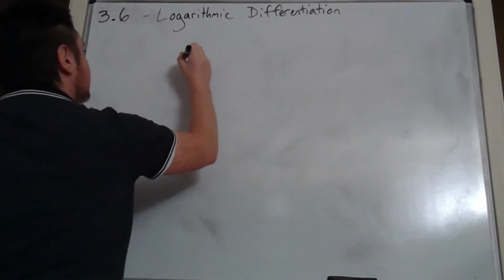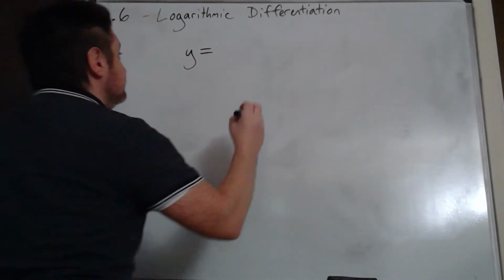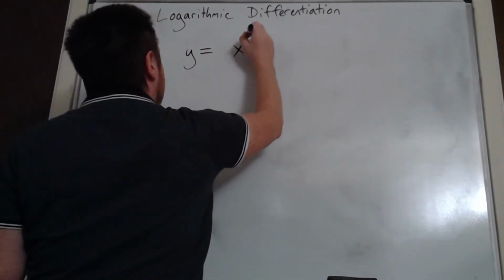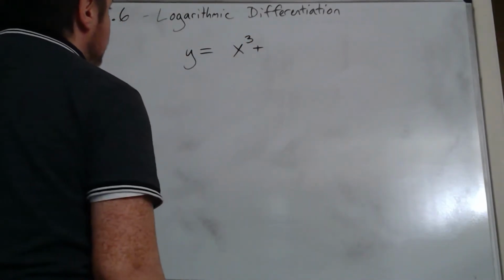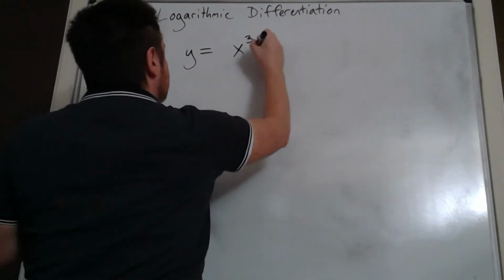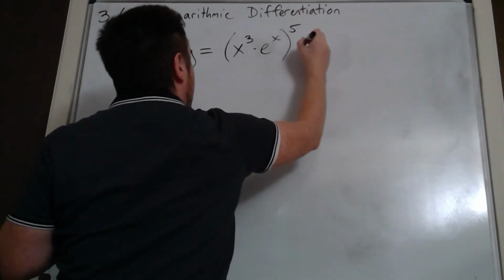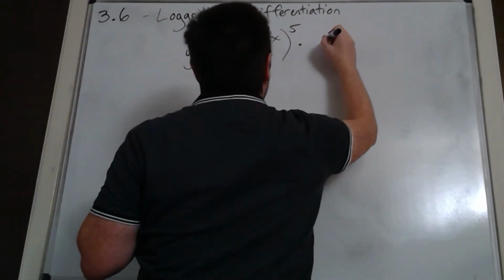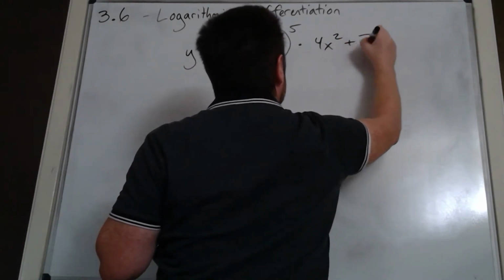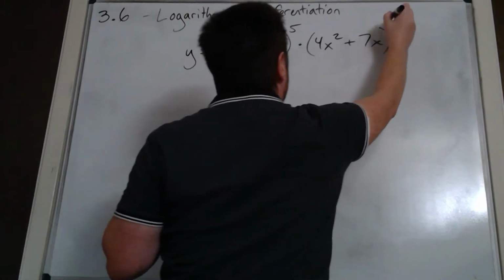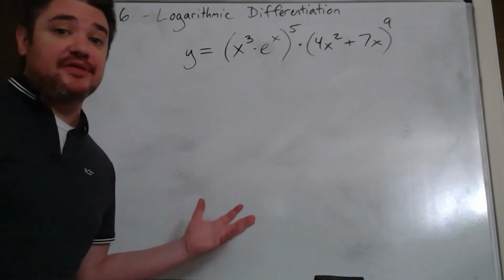Let's say y is equal to x cubed e to the x to the fifth power times 4x squared plus 7x to the 9th power. Okay, I just made that up on the spot.